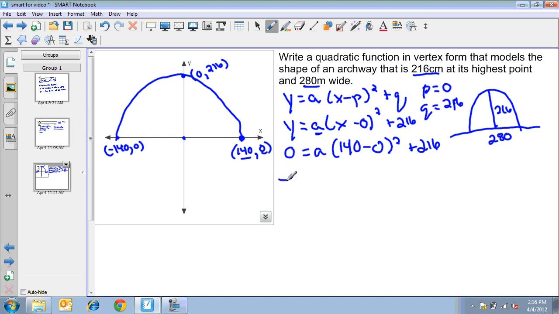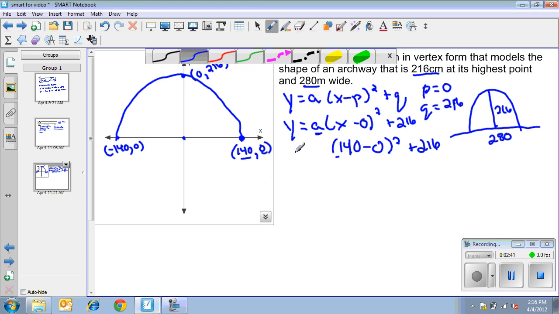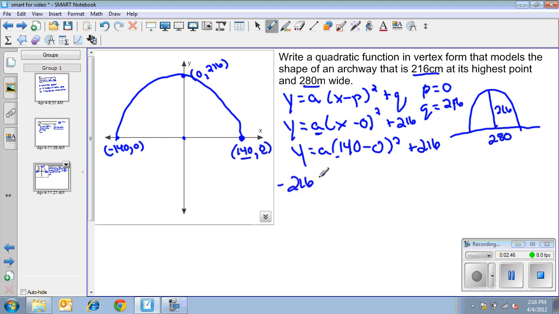If we simplify this, I'll move the 216 over to the other side and solve for a. So I have negative 216 equals a times 140 squared, which gives us a value of 19,600.